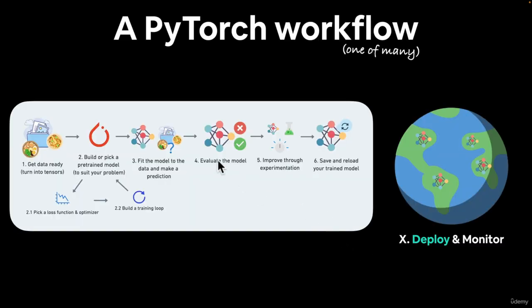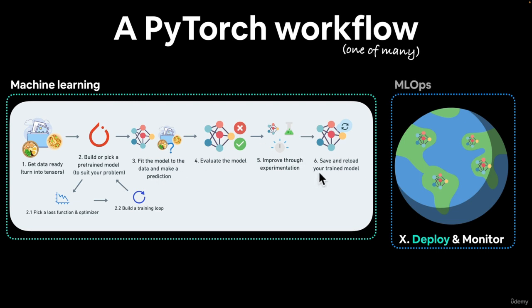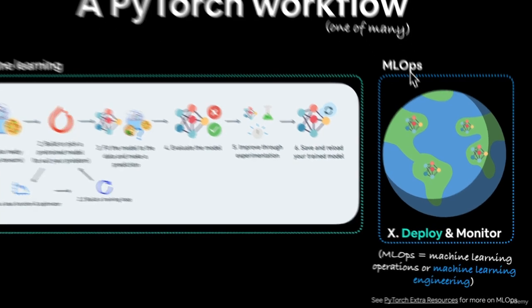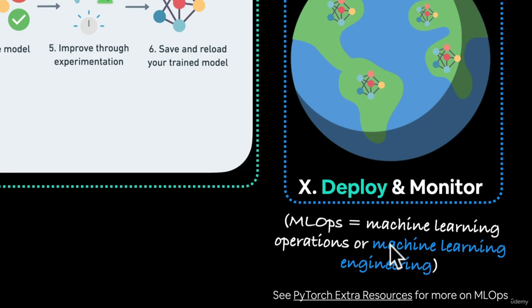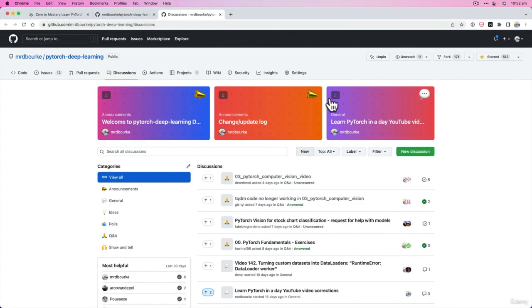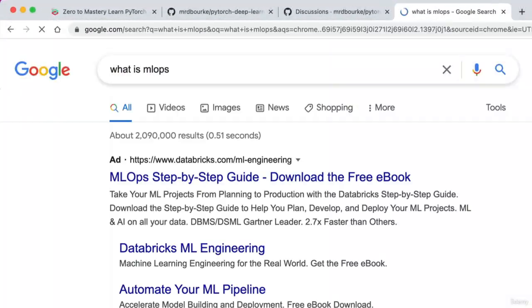So if we come back here to the workflow, these steps here are generally known as machine learning or data science. But then once we start to deploy and monitor our models, this is quite often referred to now as MLOps, which is short for ML operations or machine learning engineering. And if you want to learn more about that, how can you find out? Well, you can go, what is MLOps?